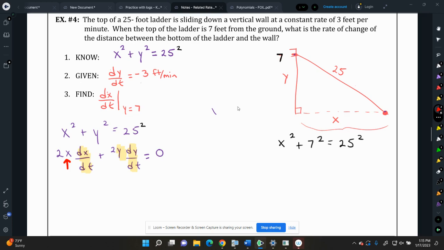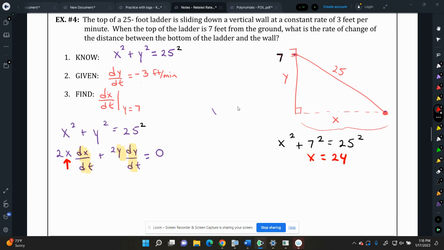So when y is 7, we get x squared plus 7 squared equals 25 squared. I didn't write the in-between numbers. So this comes out to be x equals 24.